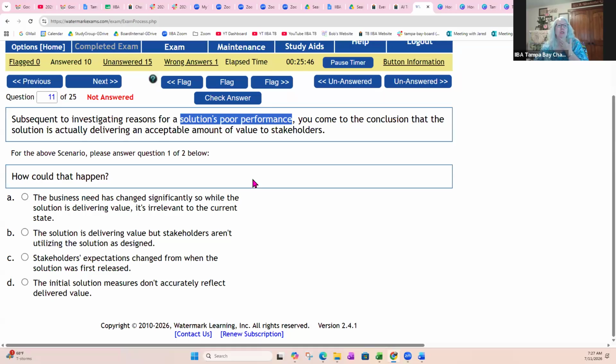What made the change? The business need has changed significantly, so while the solution is delivering value, it's irrelevant to the current state. The solution is delivering value, but stakeholders aren't utilizing the solution as designed. Stakeholders' expectations change from when the solution was first released, or the initial solution measures don't accurately reflect delivered value.